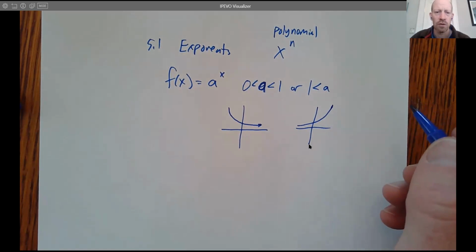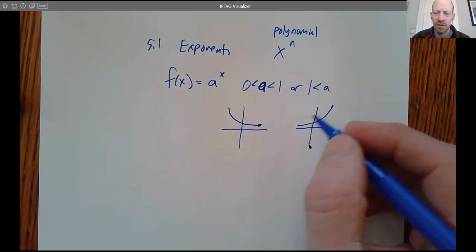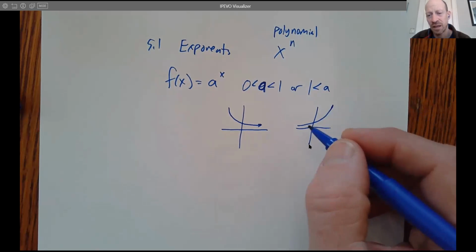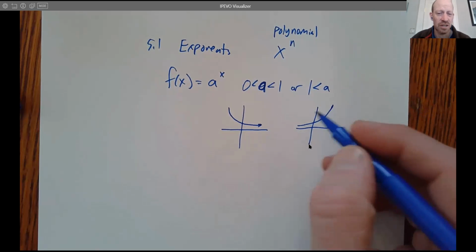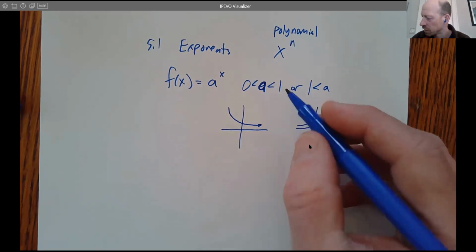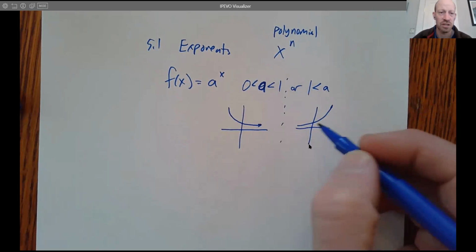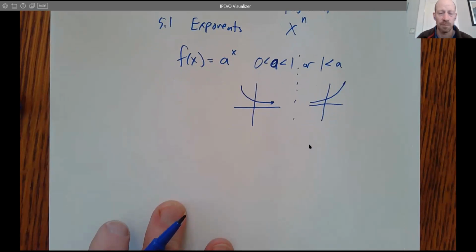So these are our general exponential functions. And you can talk about some of the properties, they're increasing, and the domains and the ranges, to get a feel for those two different versions of exponential functions.